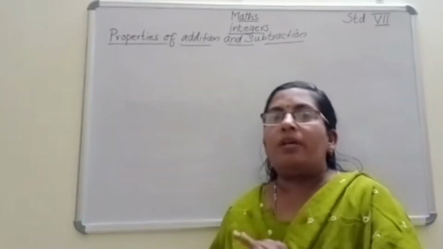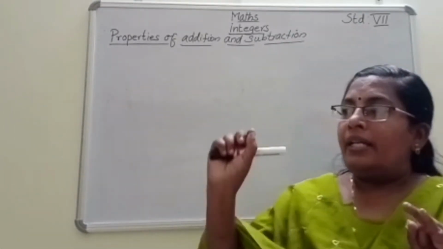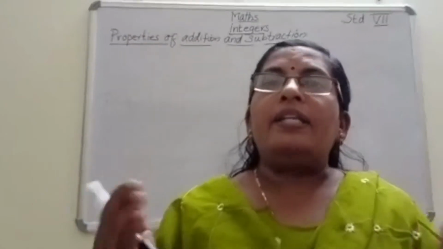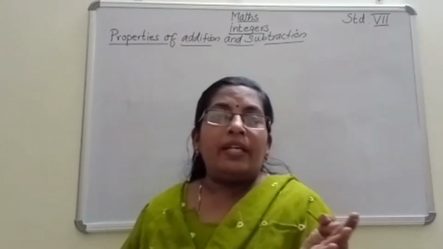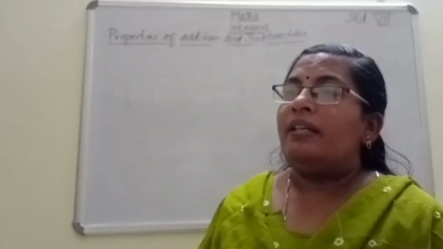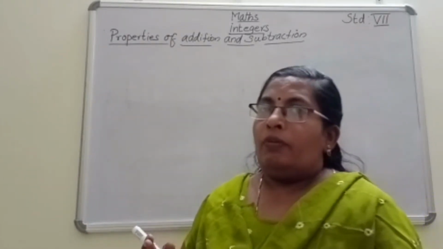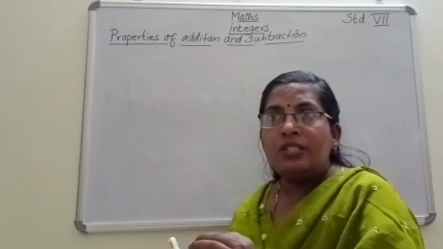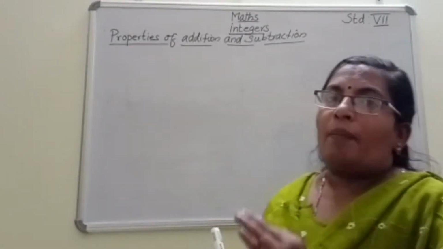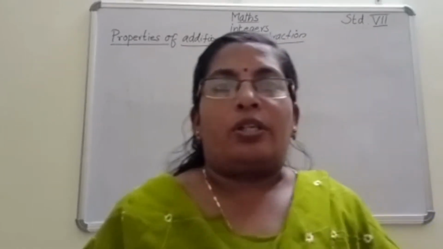If two negative numbers are added, we write the negative sign and add the numbers. If there are different signs, we write the sign of the greater number and subtract the numbers. Yes, these are the addition rules.